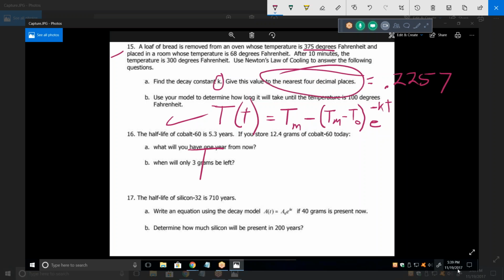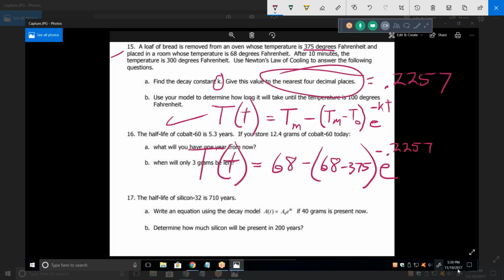T of t equals 68 minus 375 e to the minus 0.2257t. Here is our specific equation regarding this loaf of bread and this oven and this medium temperature. So now we can answer any question you want to ask.